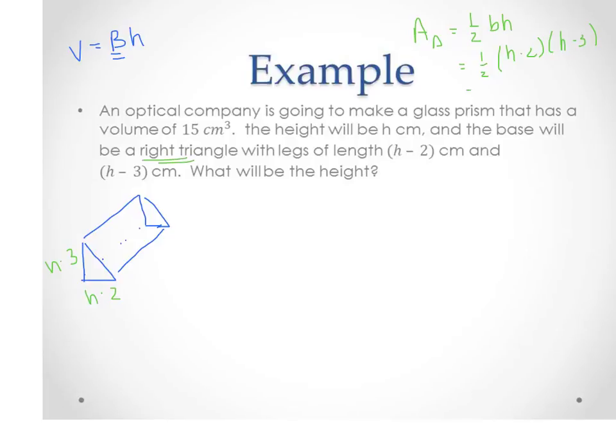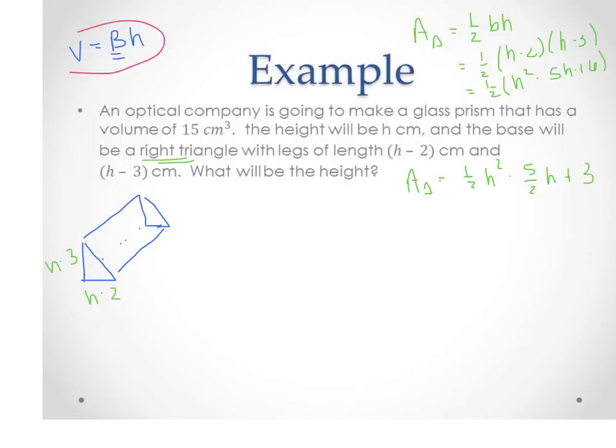Okay, so I'm going to keep the 1/2 out front at the moment. I'm going to FOIL: h squared minus 3h minus 2h is a minus 5h plus 6. So we are looking at the area of the triangle as being 1/2 h squared minus 5/2 h plus 3.